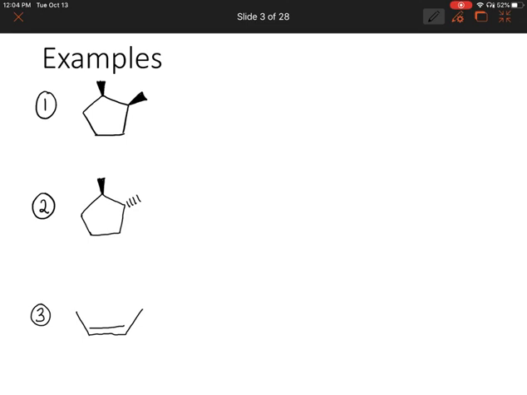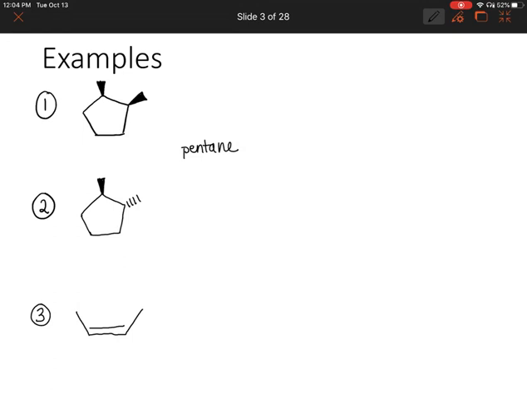So starting with the first molecule, how would we name that molecule? So it does have a ring, which means that the ring is the parent, right? So how many carbons are in that ring? 5. So that would be pentane.